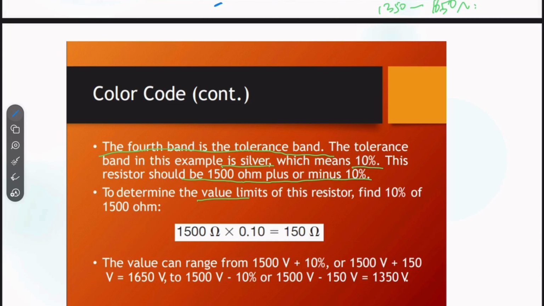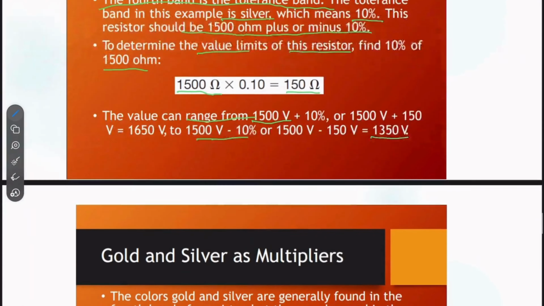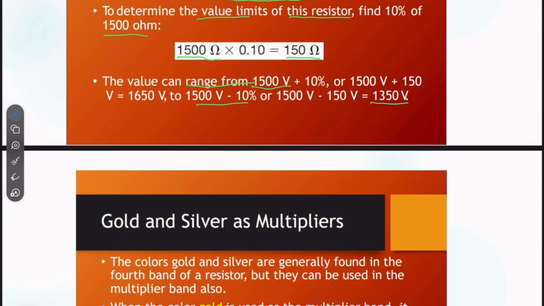To determine the value limits of this resistor, find 10% of 1500 ohms. So 1500 ohms times 0.1 equals 150. This is the tolerance value. The value can range from 1500 plus 10%, or 1500 minus 10%, which is 1350. So that would be ohms, not volts. Sorry about that.